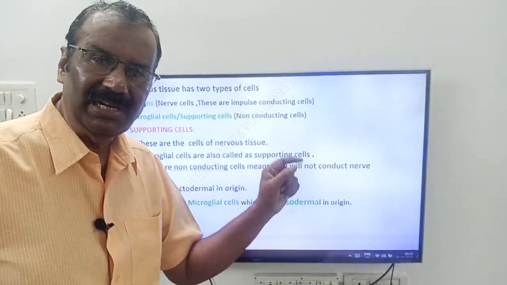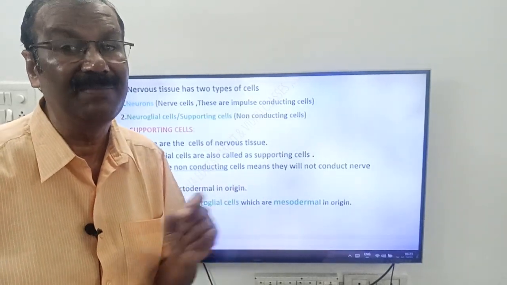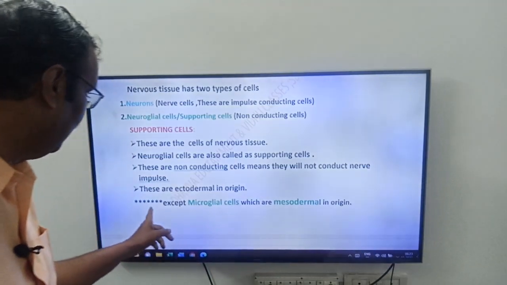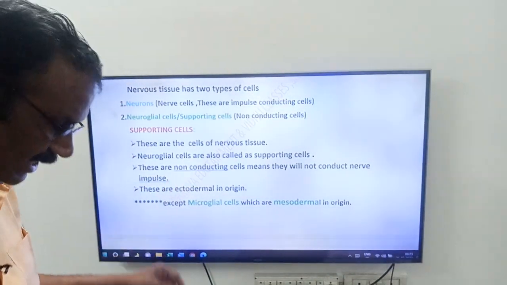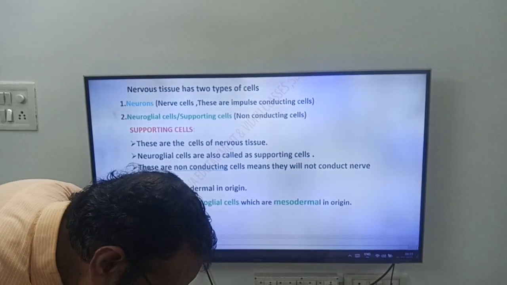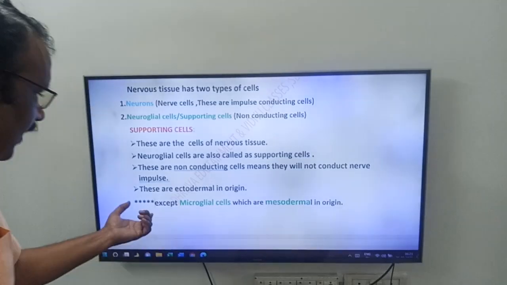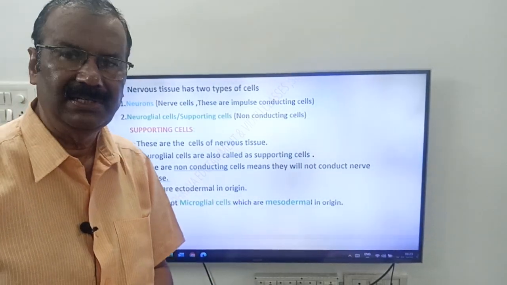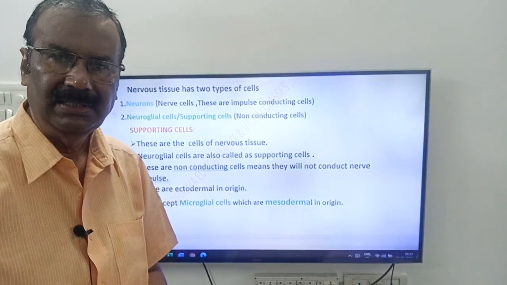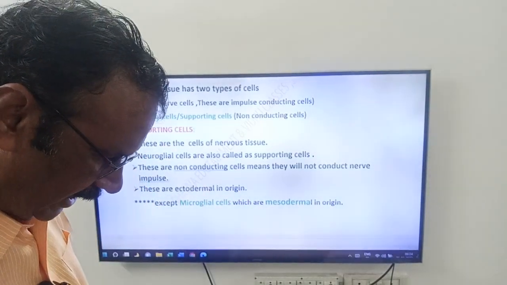All supporting cells are ectodermal in origin, but microglial cells are mesodermal in origin. Here I have given stars, friends. Please see it: 5 stars, except microglial cells. Remaining all are ectodermal; microglial cells are mesodermal in origin.